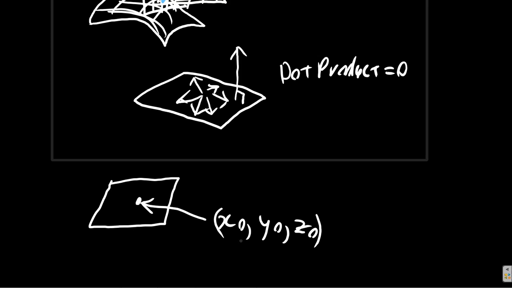It's a specific point. You can say it's at ground zero, the point where things are happening. Alright? Well, you have a general point. That general point could be here, it could be here, anywhere. Let's say for a moment we have a general point at x, y, z.